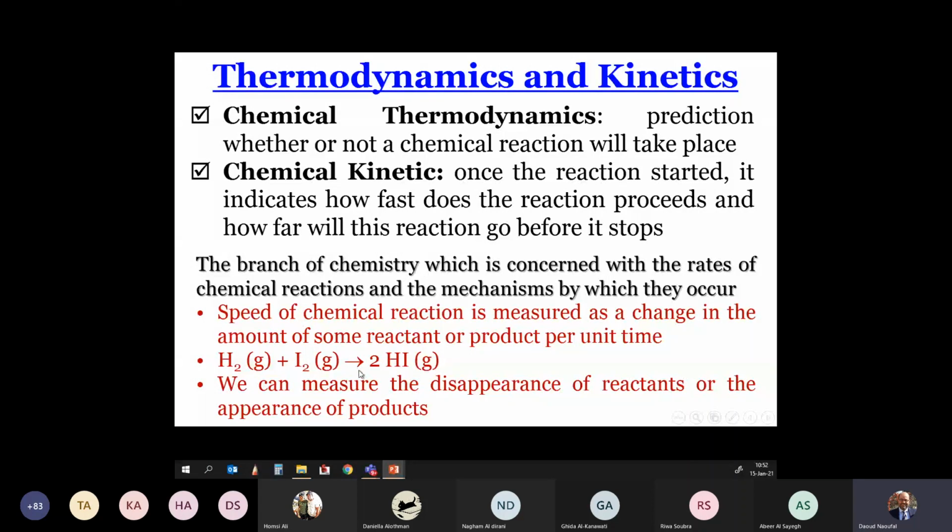We can study the rate of this reaction by measuring the rate of disappearance of hydrogen gas, or the rate of disappearance of I2 gas, or the rate of formation of HI gas. Then we can deduce the rate of the reaction at any time, because we have a relation between the rate of reaction, the rate of disappearance, and the rate of formation.